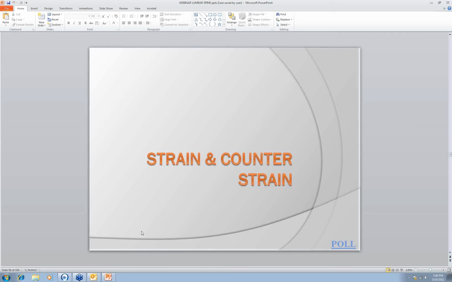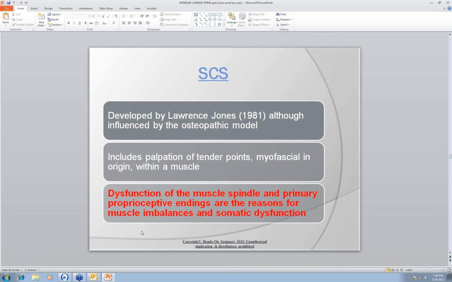So strain counterstrain was introduced by Lawrence Jones.